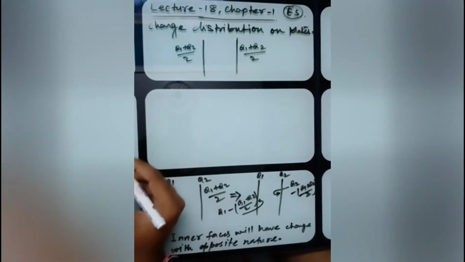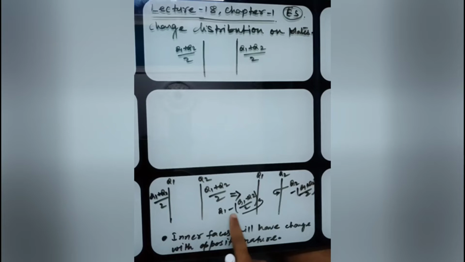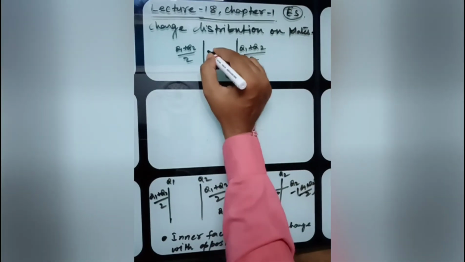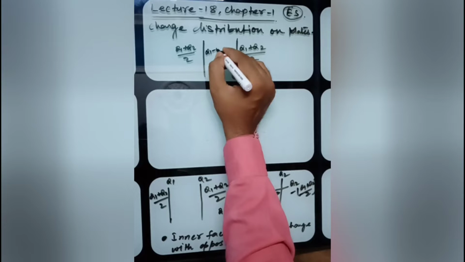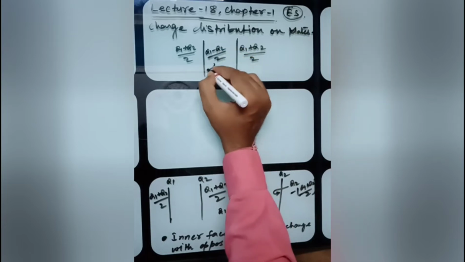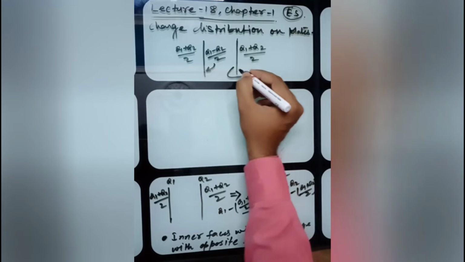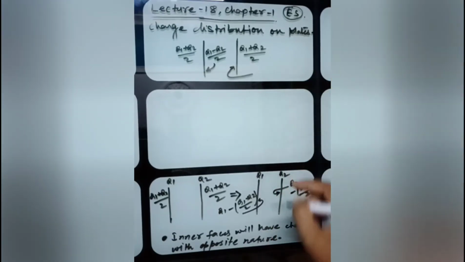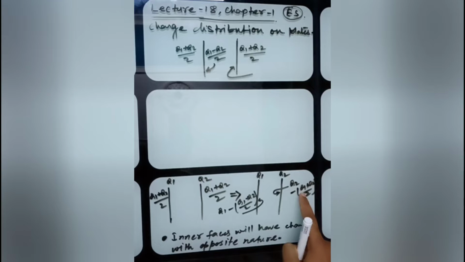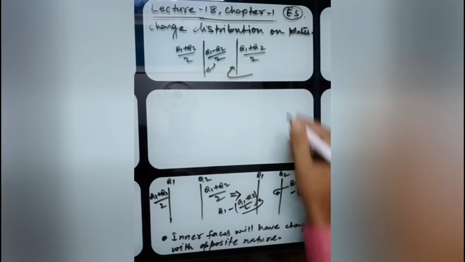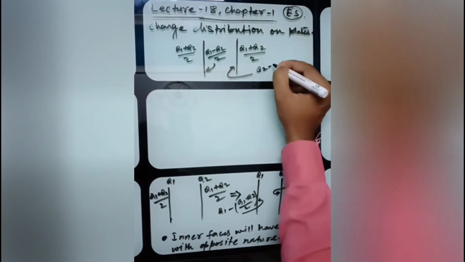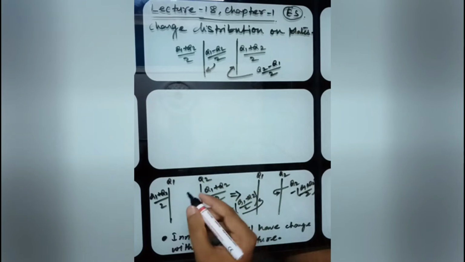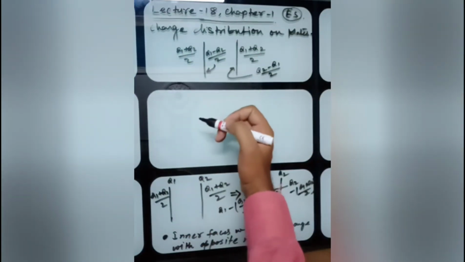So here the charge will be Q1 minus (Q1 plus Q2) by 2, so 2Q1 minus Q1, it will be (Q1 minus Q2) by 2 over here, and over here the charge will be Q2 minus Q1, 2Q2 minus Q2, that is (Q2 minus Q1) by 2. So this is the new charge distribution over the plate.